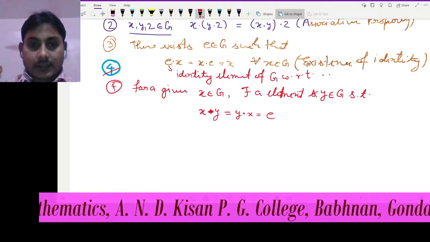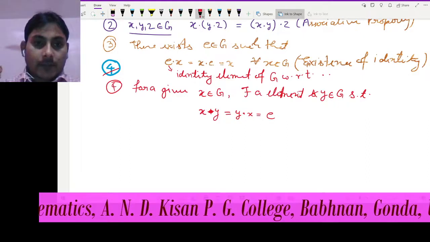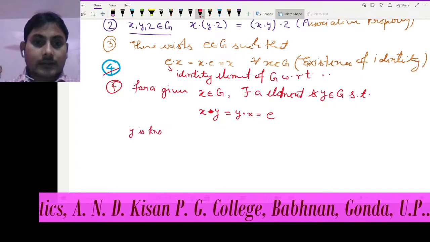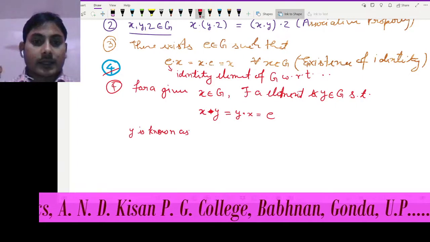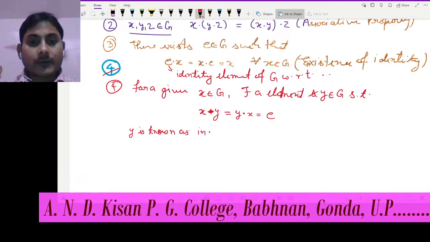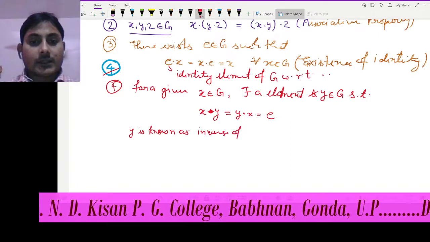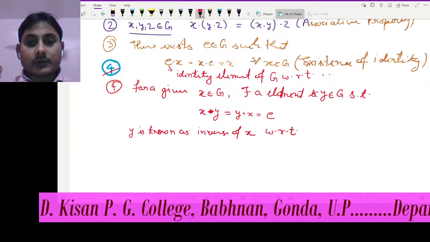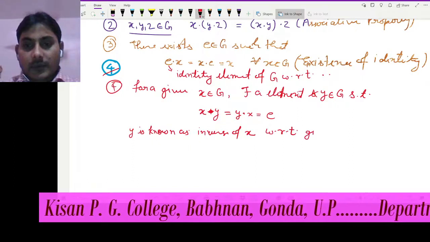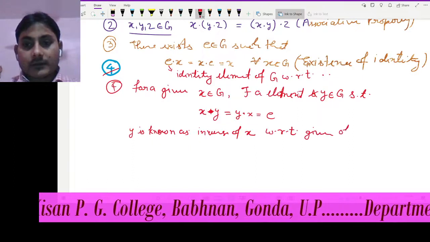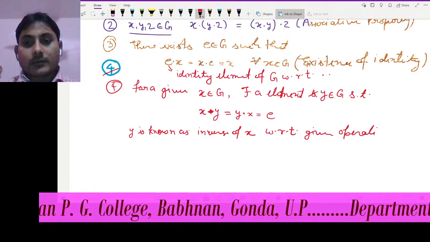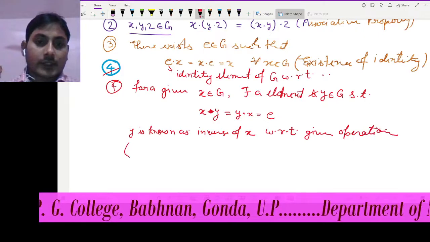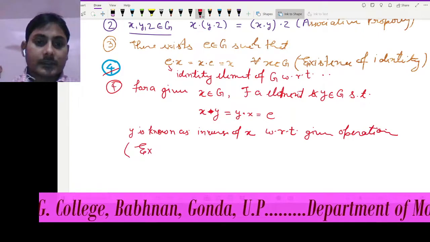In this case, y is known as the inverse of x with respect to the given operation. And this property is known as the existence of inverses.